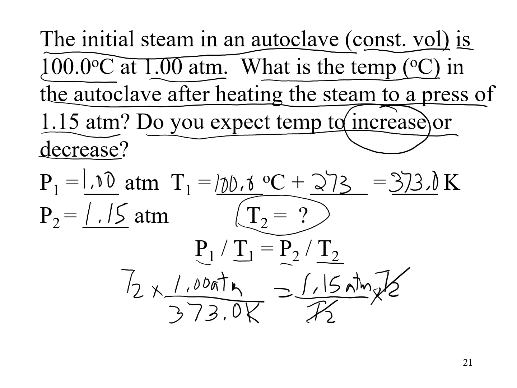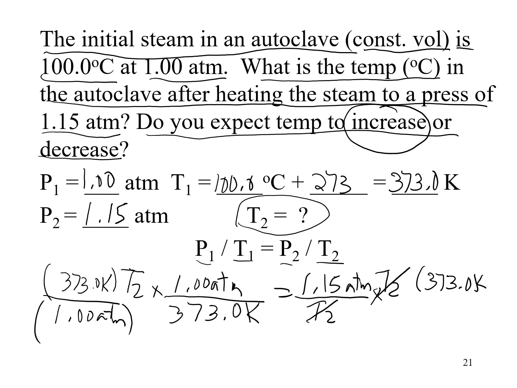Now I want T2 by itself, so I must do the same thing to both sides of the equation. So I'm going to multiply by 373 K and divide by 1 atmosphere. And I'm doing the same thing on the right as I do on the left, so multiplying by 373 K divided by 1 atmosphere.